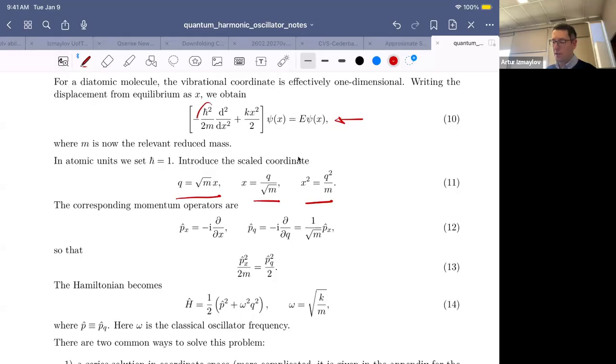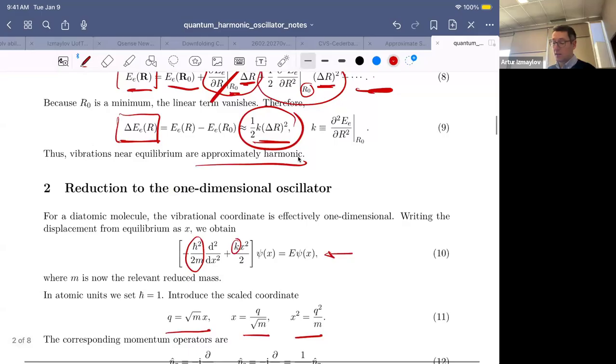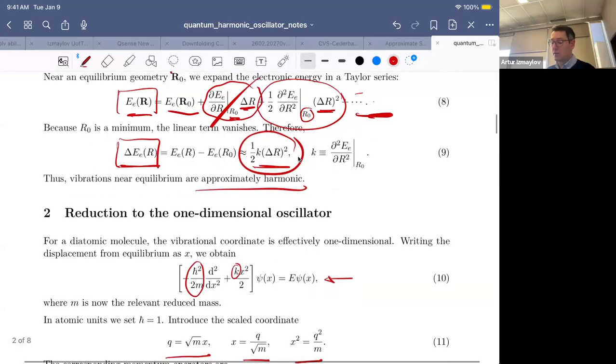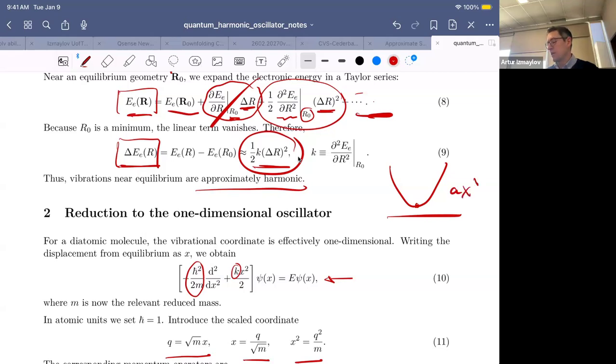Right now we have this h bar squared divided by 2m, and then the k. What k is, is essentially the second derivative of energy with respect to the nuclear coordinate, right? And in the case of a parabola, ax squared, a is k divided by 2, right? So it's a curvature.